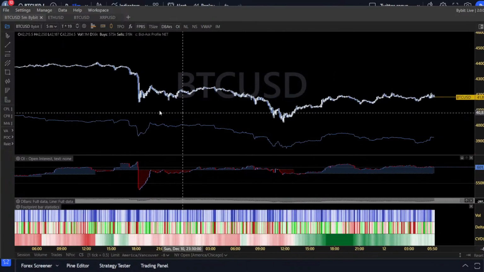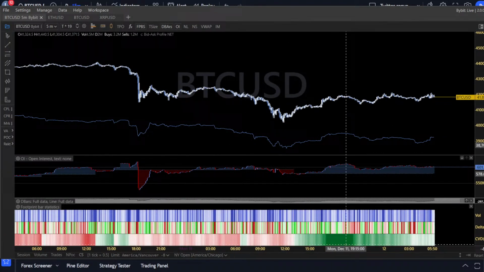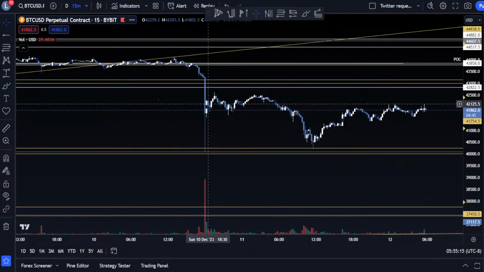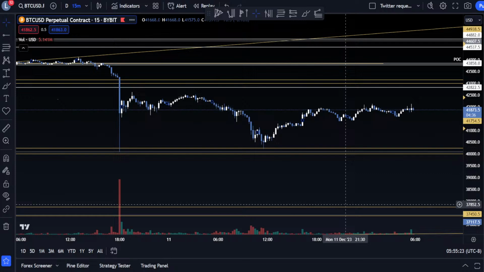Yeah, that's weird. Sunday at 1800 hours. Very strange. Even the order flow data, it was there because I posted it in the Discord. But this wick here isn't showing on XO for me suddenly.